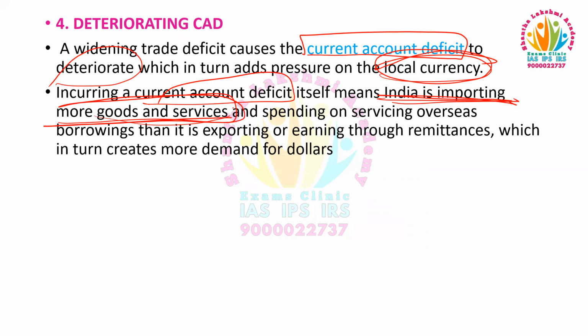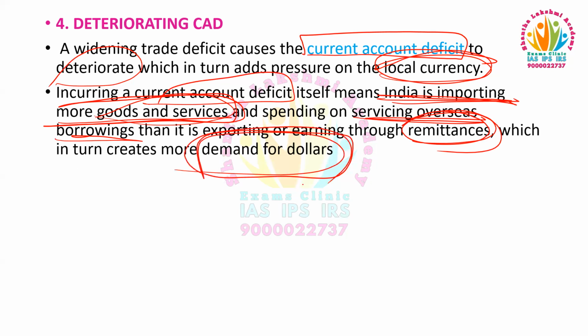India is importing more goods and services and spending on servicing overseas borrowing than it's exporting or earning through remittances, which in turn creates more demand for dollars. So India is importing more, our exports are less, and overseas borrowings are also more. So that's why the demand for dollars has increased and the supply of Indian rupees has been more, therefore depreciating the Indian rupee.